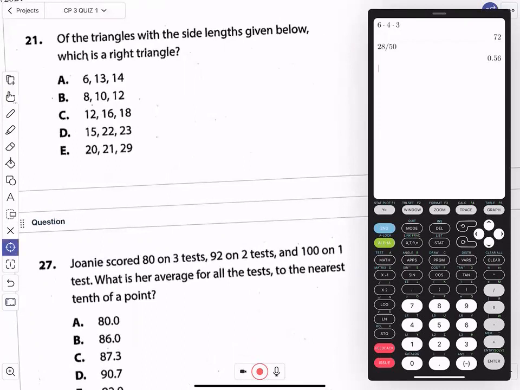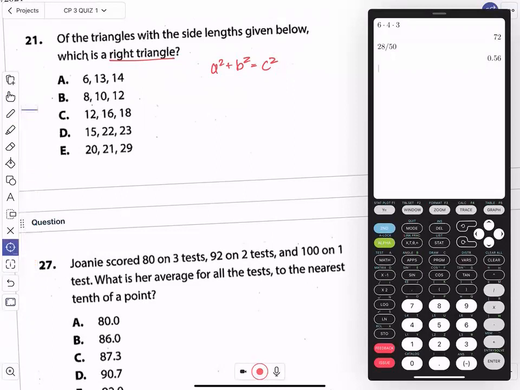Okay. All right. So it says of the triangles with the side lengths given, which is a right triangle. So you guys know right triangles always have to follow this rule, the Pythagorean theorem, where the 2 sides should always be squared and added and should be equal to the hypotenuse squared.